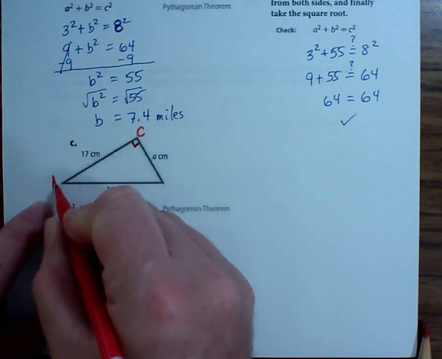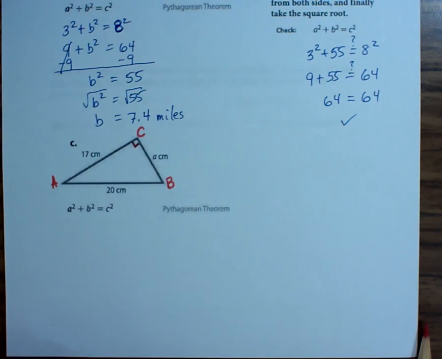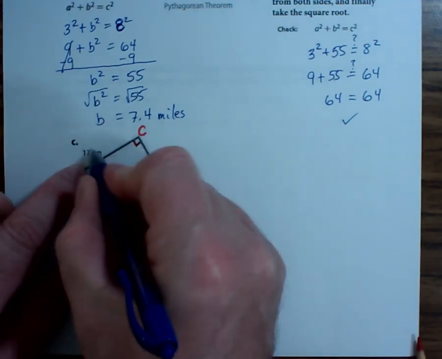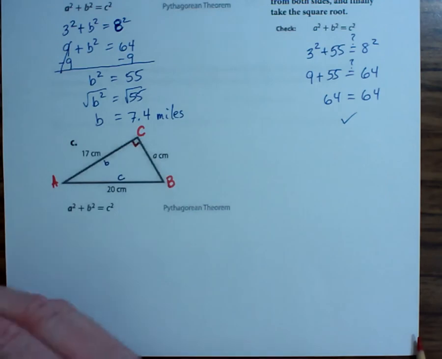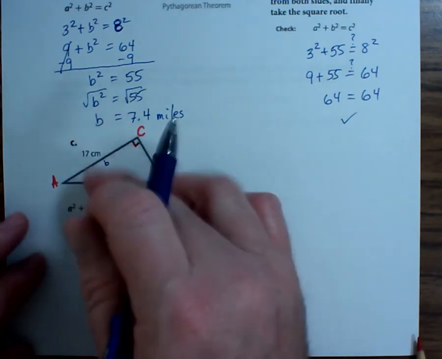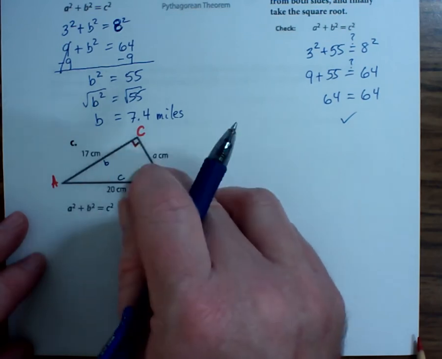This is capital A, capital B. So we have our value of B here, and the value of C is here. What's a good guess? Looks like this side is 20, 17. What do you think a good guess for this side would be?